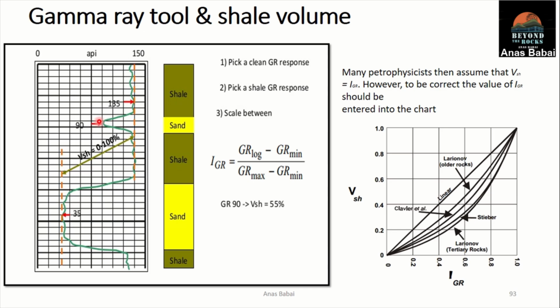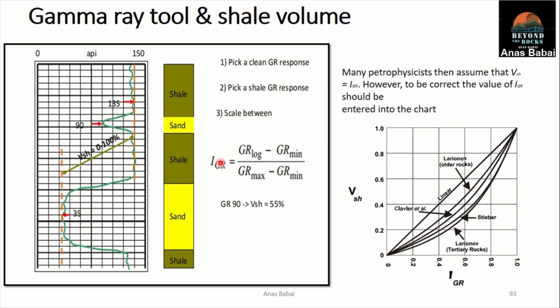So if we need to calculate the clay volume in this interval, for example, we will read the value of gamma ray, which is 90. We will put it in this place. We have gamma ray minimum, which is 35. We have gamma ray maximum, which is 135, minus gamma ray minimum, which is 35.